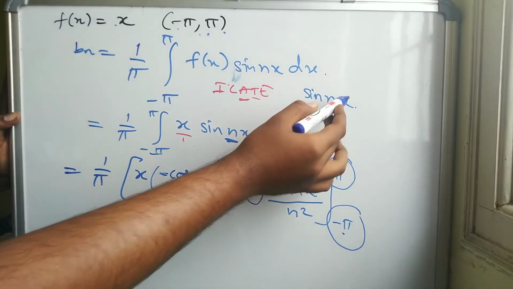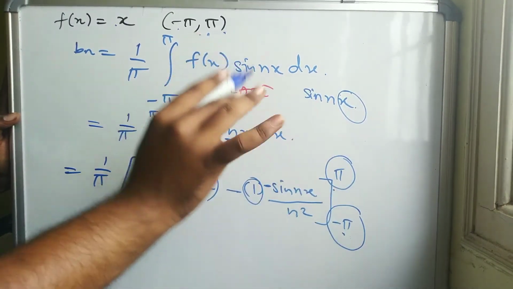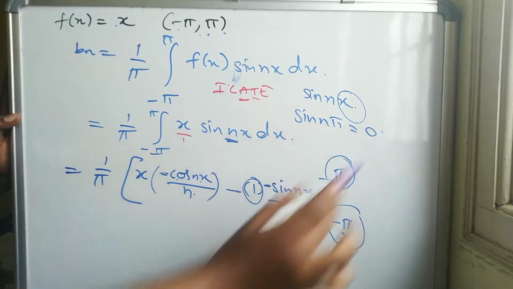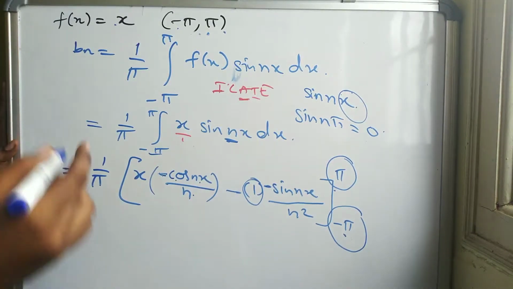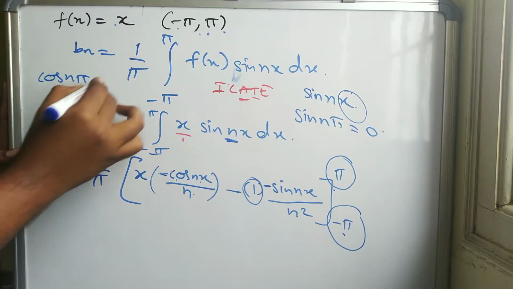Instead of x you substitute pi and minus pi, upper limit minus lower limit. You know that sin n pi is equal to what? 0. You need to remember this formula. What about cos n pi? Cos n pi is nothing but minus 1 raised to n.